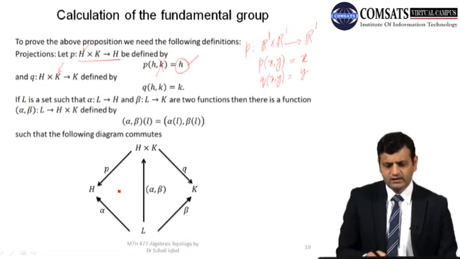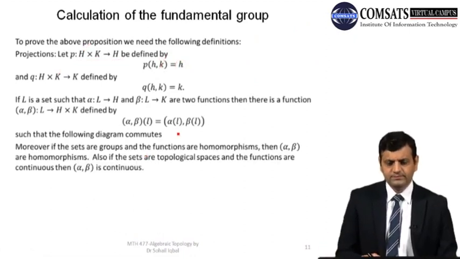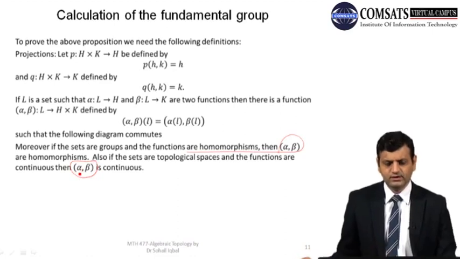If we have a set L such that we have maps alpha and beta from L to H and K respectively, then we can define another map (alpha, beta) from L to H cross K. But the important thing about this map (alpha, beta) is, if all the functions are homomorphisms, then (alpha, beta) is a homomorphism, and if all the sets are topological spaces and functions are continuous, then (alpha, beta) is continuous. So this is the important point about this discussion.